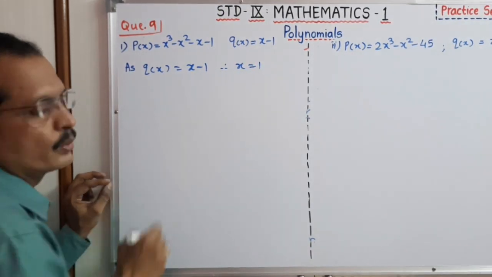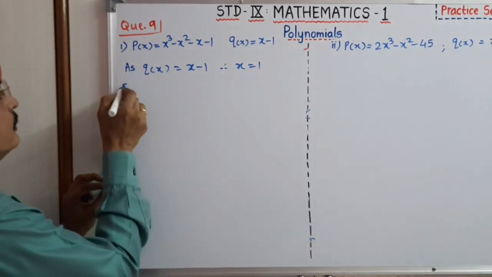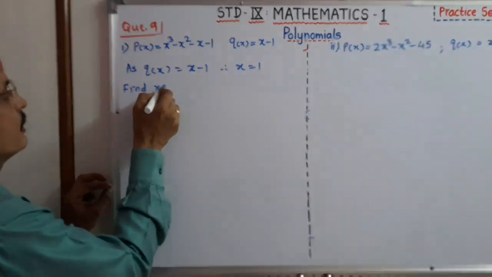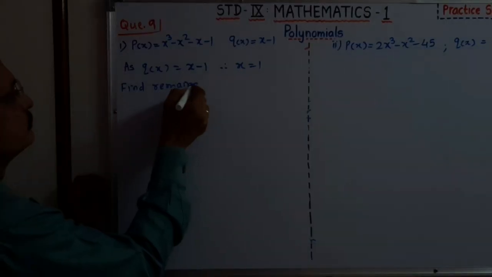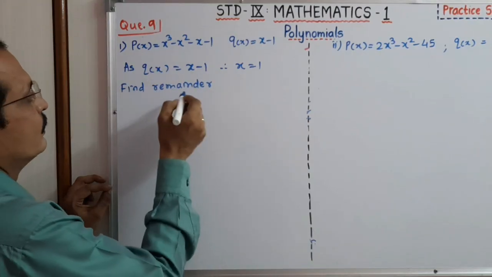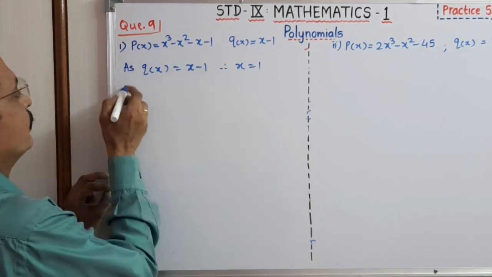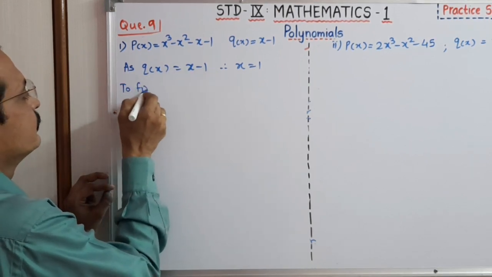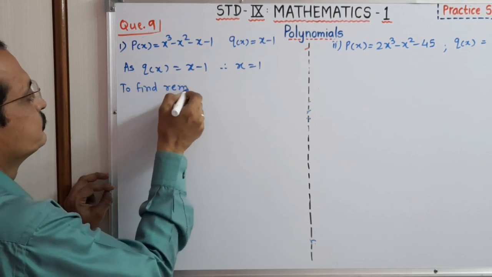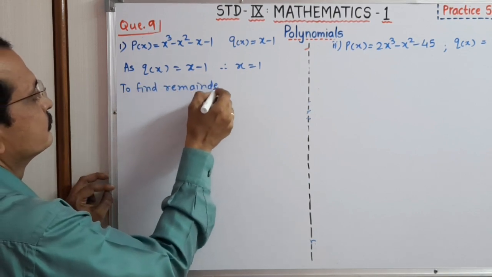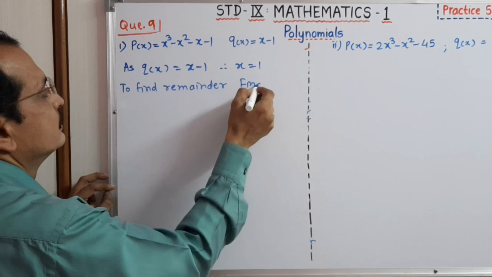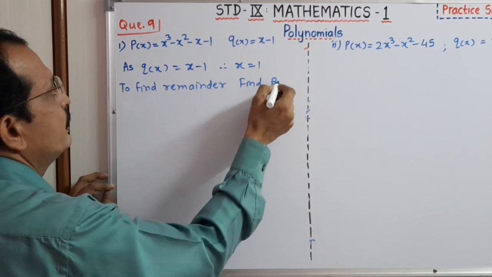Therefore, x is equal to 1. To find the remainder, find p(1).